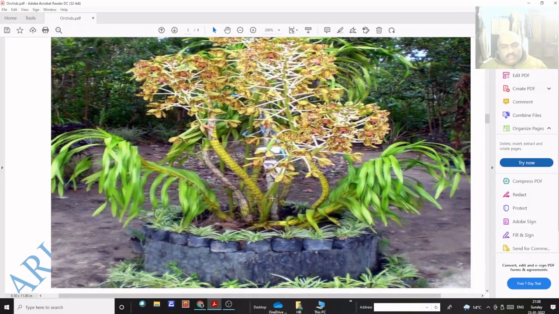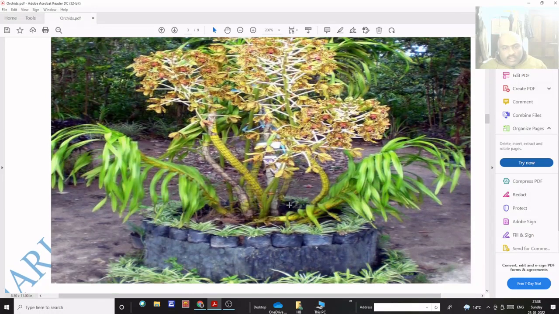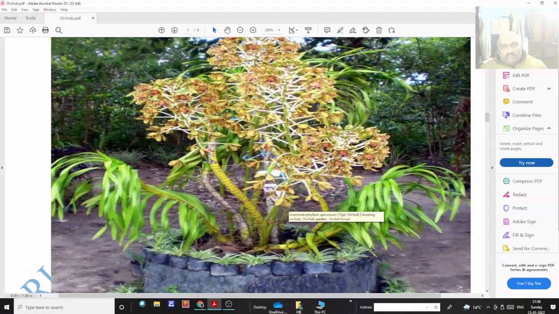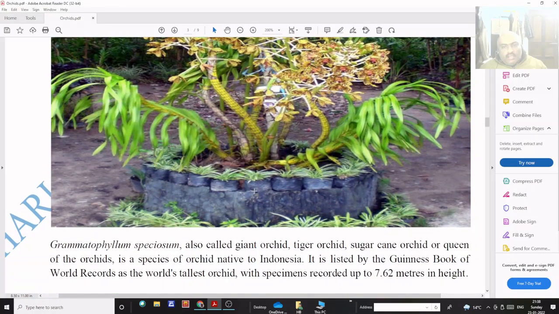This is another orchid, noted as the tallest orchid in the world, and it is botanically called Grammatophyllum speciosum. It is also called giant orchid, tiger orchid, or sometimes sugarcane orchid.